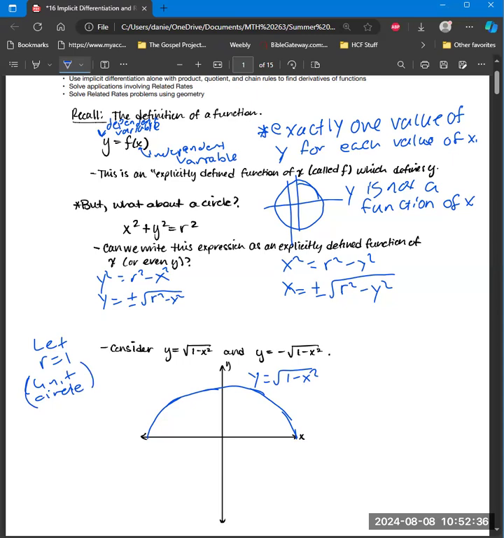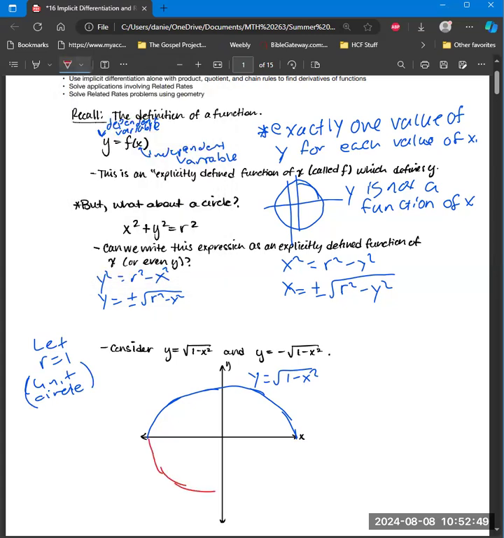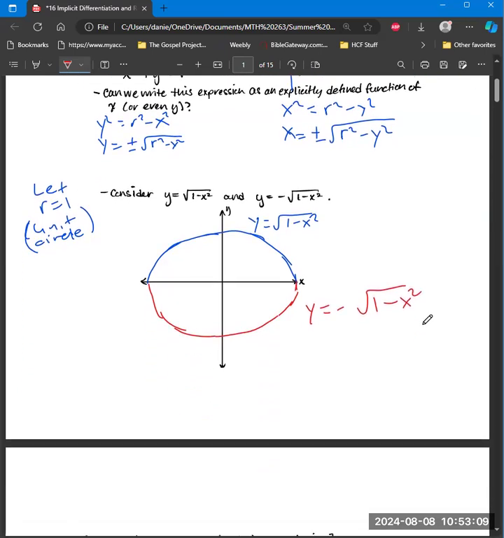And this bottom half here, I'm going to make it, blue and green are too close together, let's make it red, like that. y equals negative root 1 minus x squared, like that. So we can do this sometimes, but not every time, where we can split it up into two explicit functions like that.